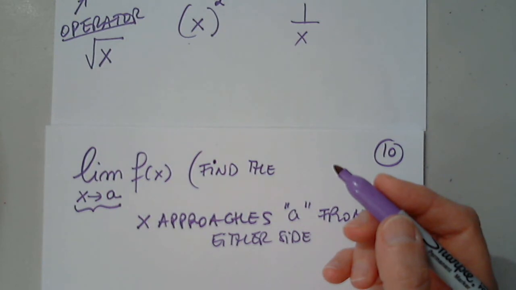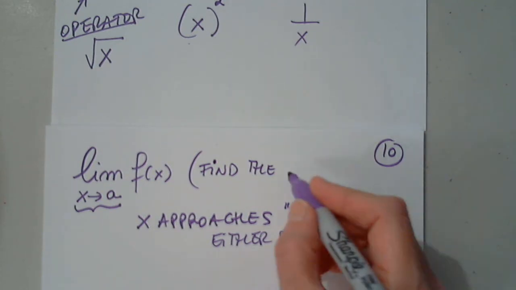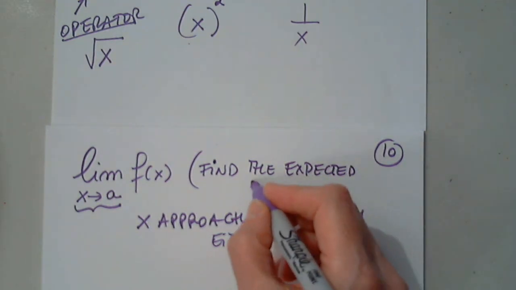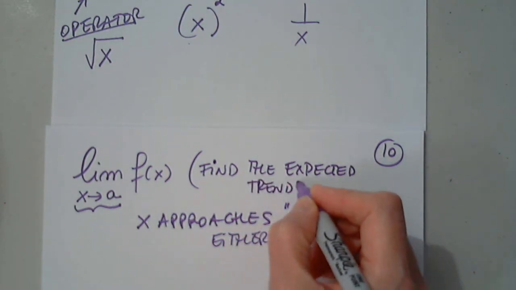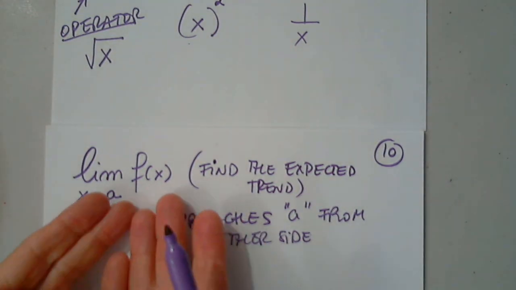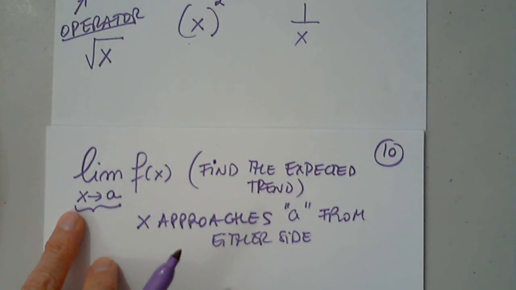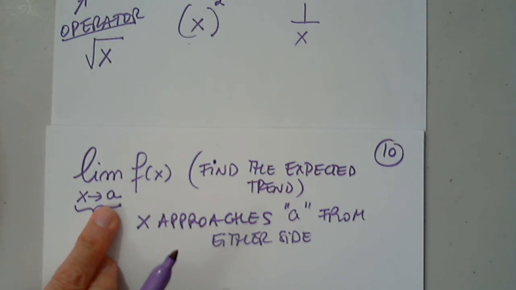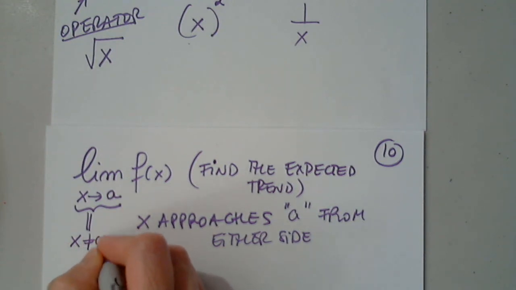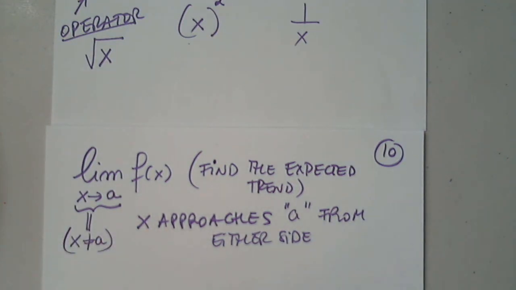What is the expected trend? Maybe that's better to explain. Find the expected trend. Where is this function going when x gets closer and closer to a? Specifically, x does not equal a. Please remember that. Do I have another minute? No, I don't. Oh, sorry, I don't.